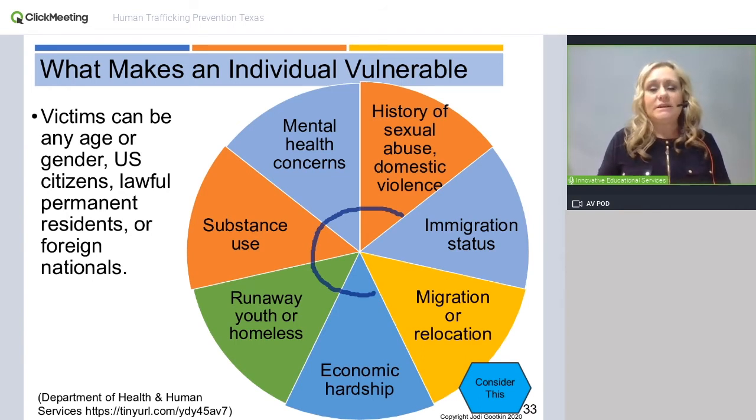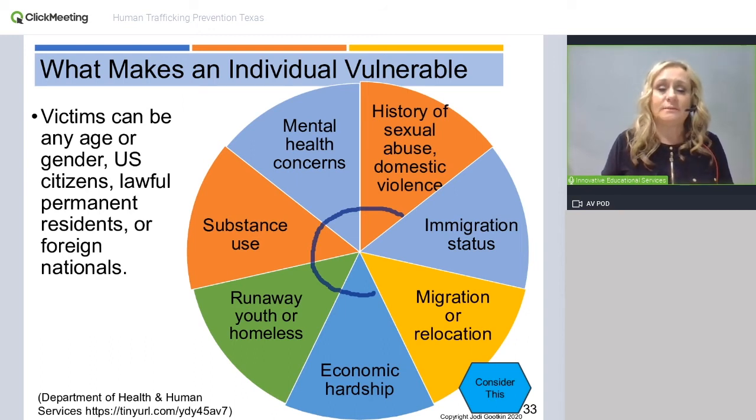What they find is a trend in all these individuals that they don't have a sufficient support system, that they tend to be more susceptible to the psychological, emotional, and financial lures that the trafficker utilizes. It seems more appealing to them, so it makes them more likely to become a victim of human trafficking.